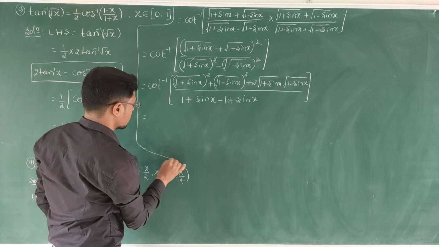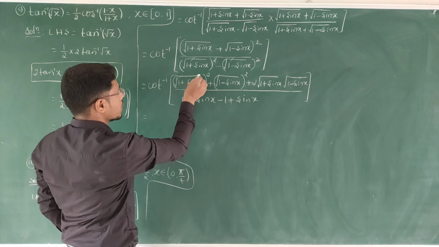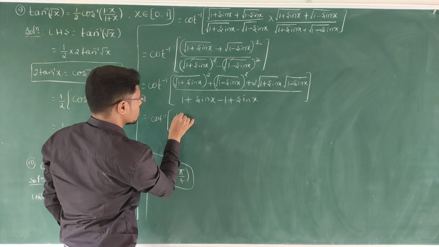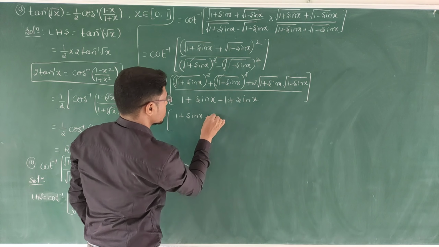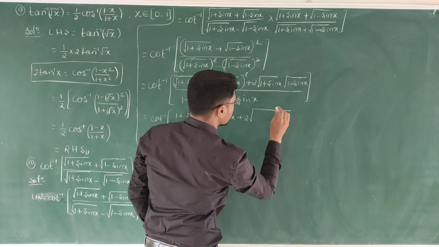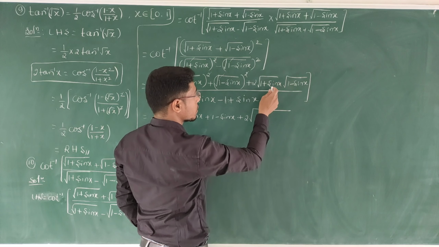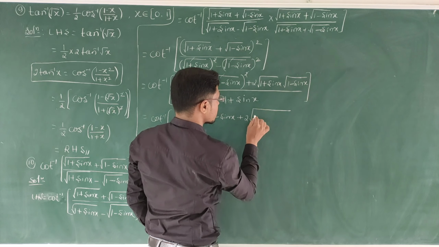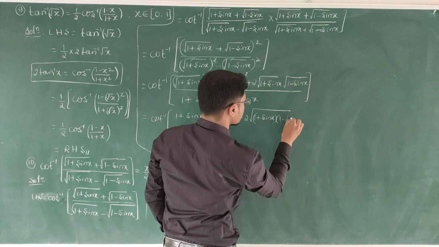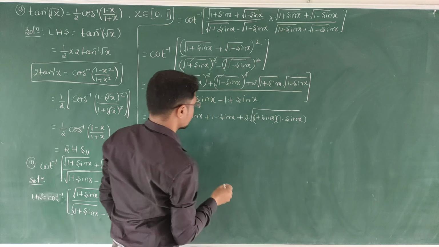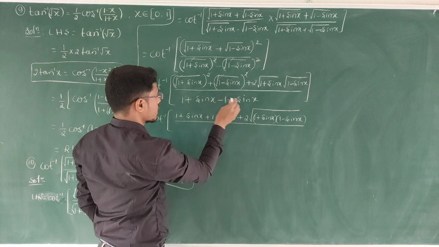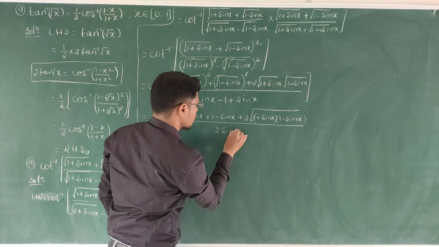So here also in the numerator square and square get cancelled, cot inverse of 1 plus sin x plus 1 minus sin x plus 2 times square root. I will write these two in a single square root, 1 plus sin x into 1 minus sin x, upon, see, 1 gets cancelled, sin x plus sin x is 2 sin x.